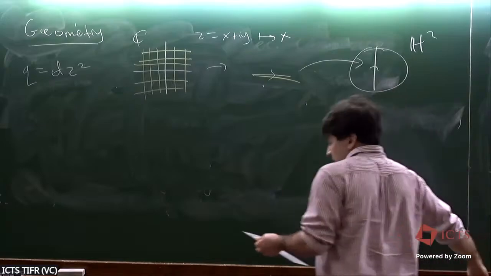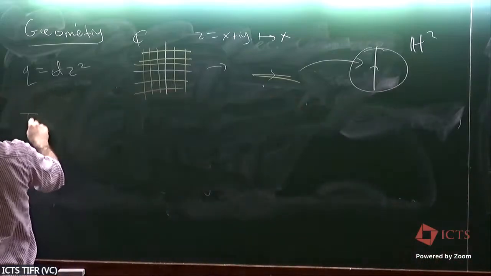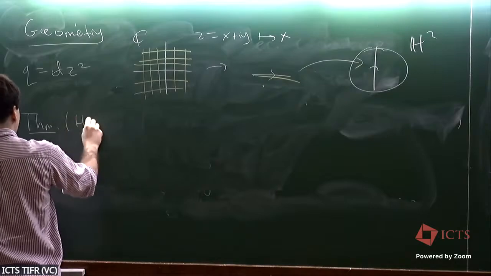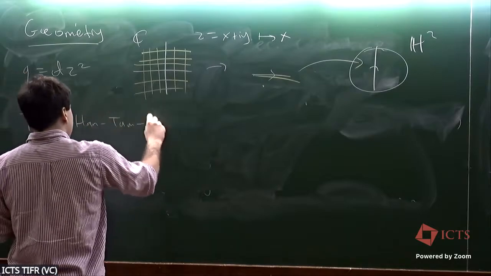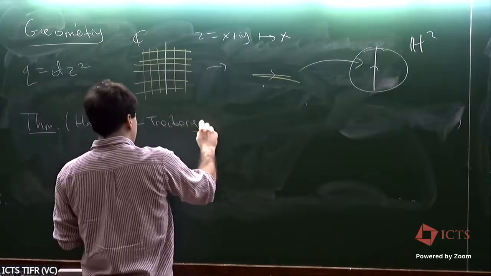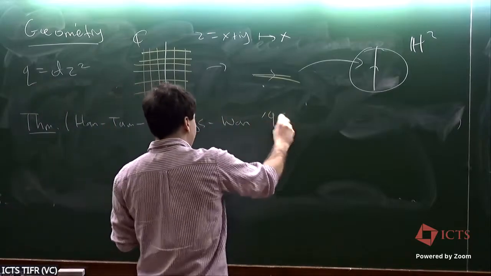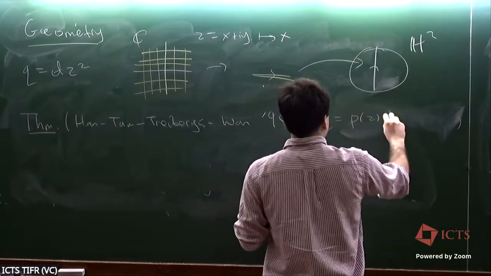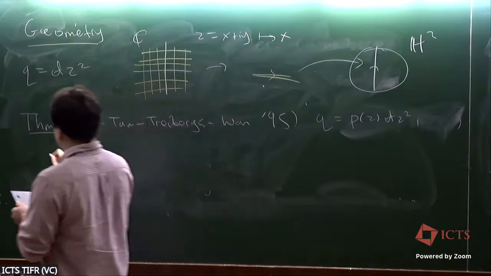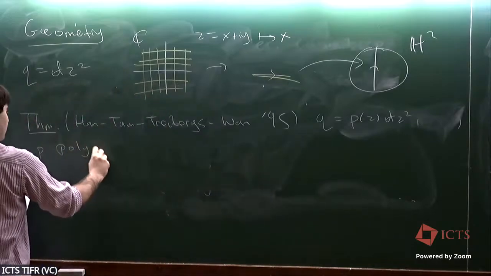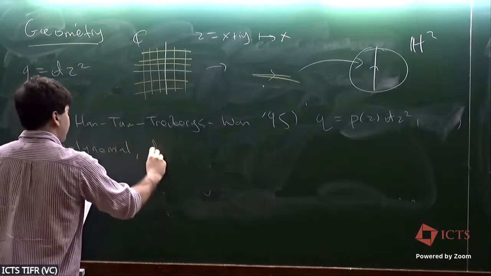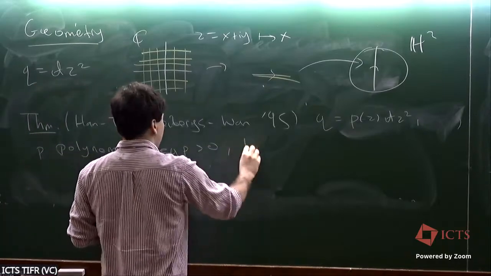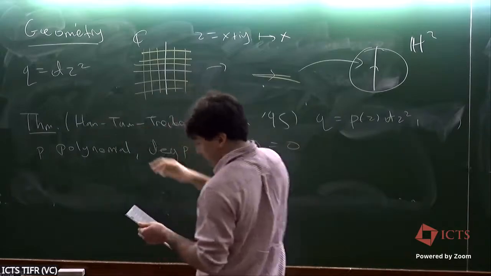Okay. So for non-zero degree, this was investigated in the diffeomorphism case by Han, Tam, Treibergs, and Wan in '95. And so let's say Q is P(z) dz squared, where P is a polynomial, and the degree of P is positive, and we're in the case of divisor 0 of that theorem.